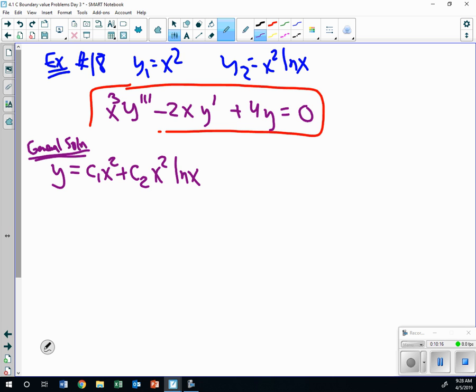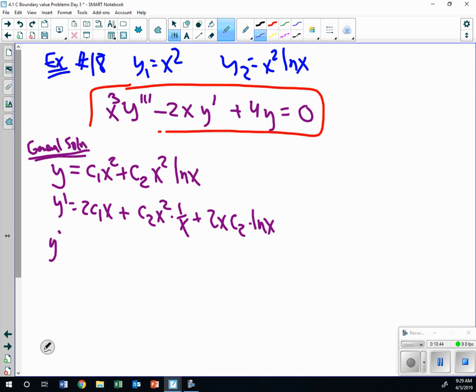Let's do it. So we're going to have to take the three derivatives, which won't be hard, because we've kind of done it already. 2c1x plus, oh boy, help me out here. This was c2x squared times 1 over x plus 2x c2 times ln x.